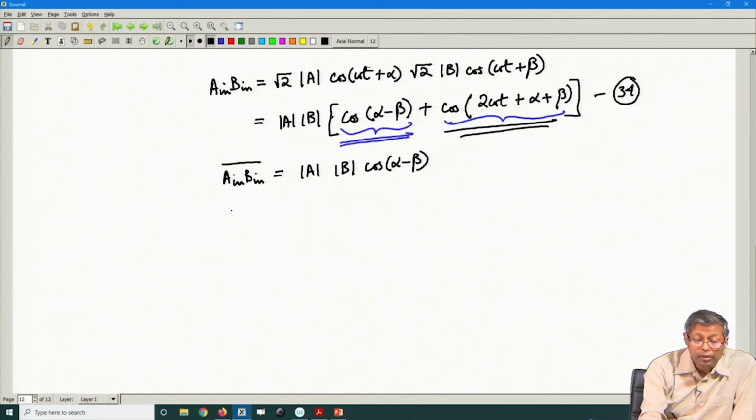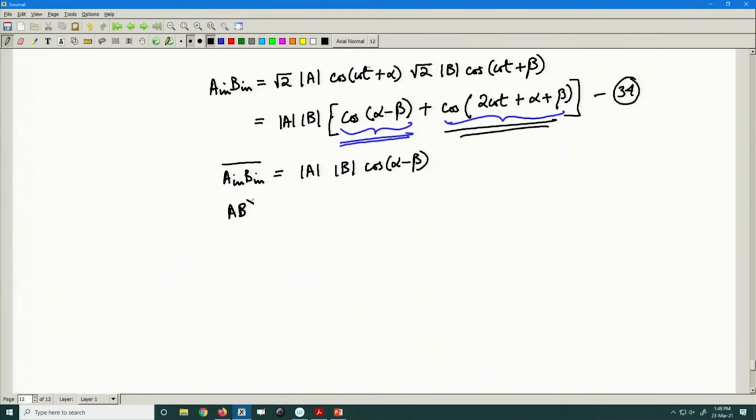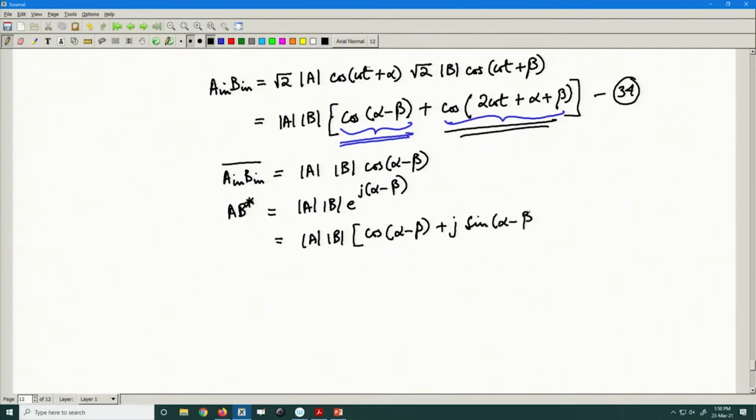We also now note that if we perform the operation A B star, then we are going to get mod A mod B e to the power j alpha minus beta, and expanding that, we get cos alpha minus beta plus j sin alpha minus beta.